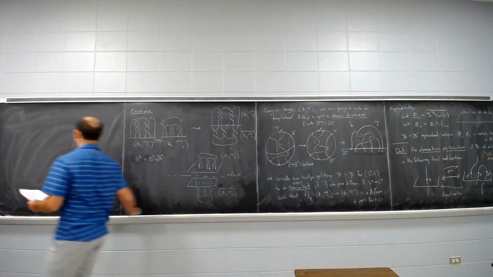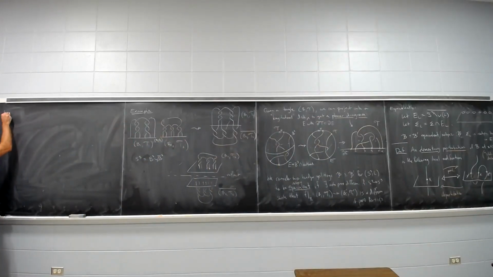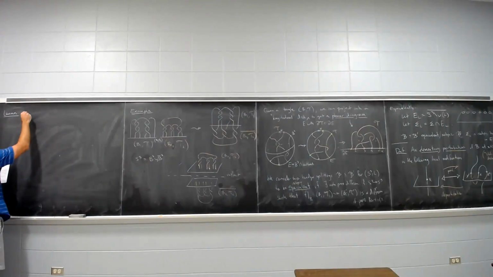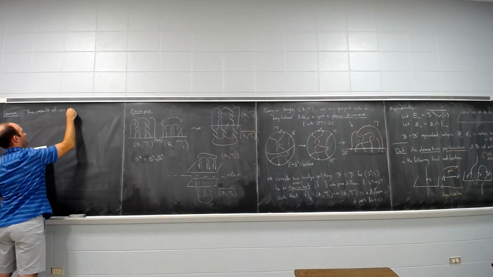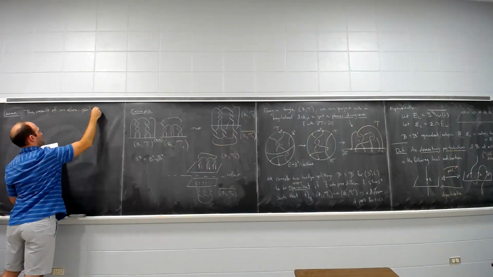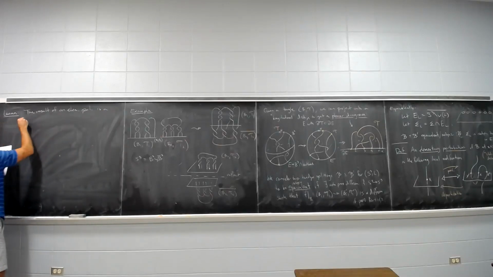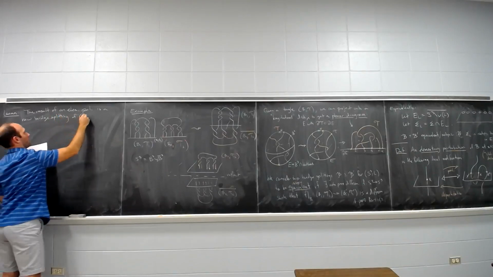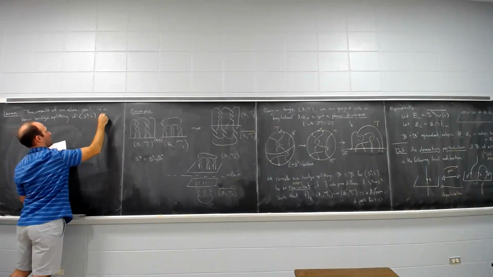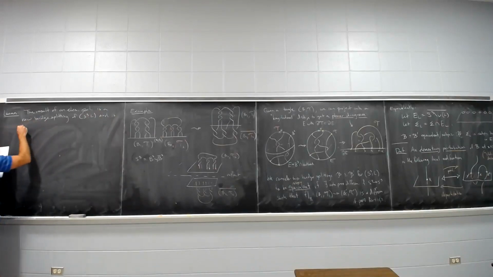All right, so the first thing to check then, which I'll just write down as a lemma, or an exercise, is to claim that the result of an elementary perturbation is a new bridge splitting of the link and is independent.